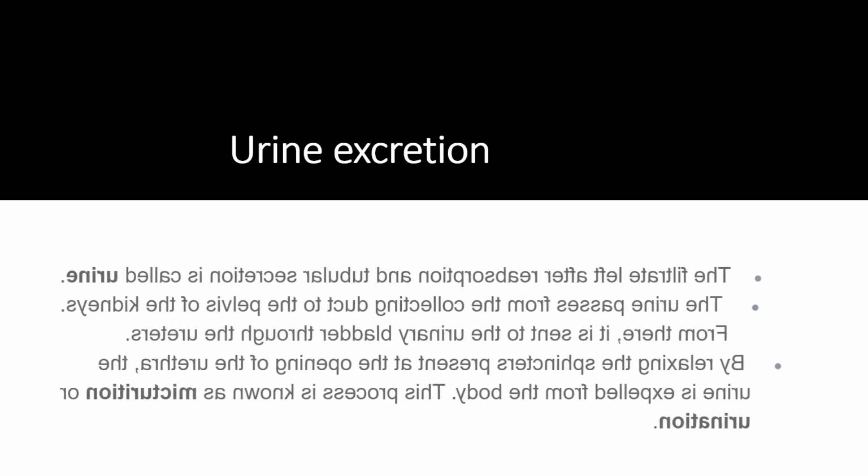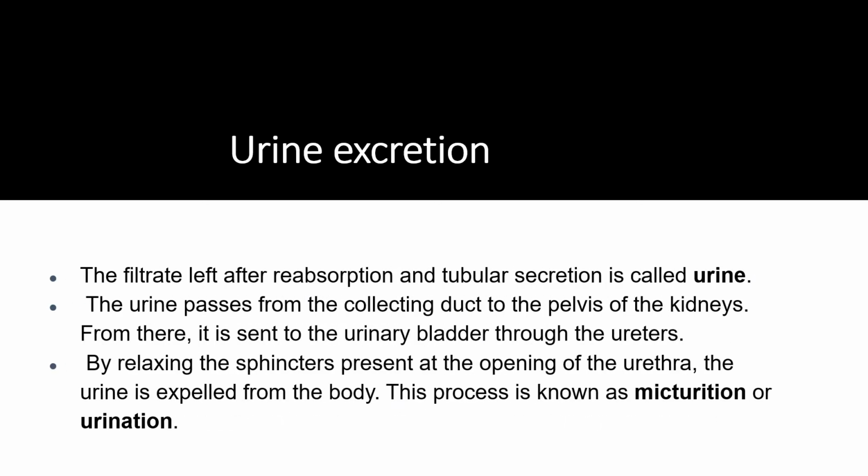Urine excretion. Once the urine is formed, it should be excreted from the body. From the collecting duct, it is taken to the pelvis of the kidneys, and from there it is taken to the urinary bladder through the ureters. It stays in the urinary bladder for some time, and once it is completely filled, the sphincter muscles open and the urine comes outside.